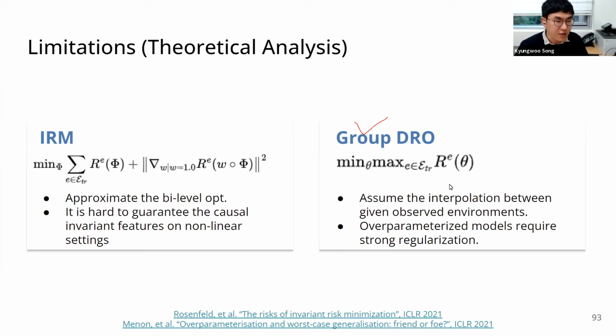However, they still have limitations. In the case of IRM, it adopts an approximation technique for the bi-level optimization, and invariance in the non-linear setting is not theoretically guaranteed. In the case of group DRO, it only handles the interpolation of the training environments, and it requires strong regularization.